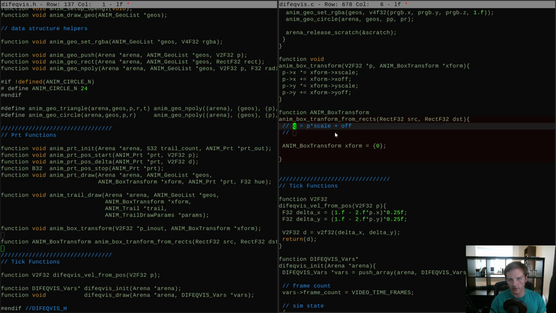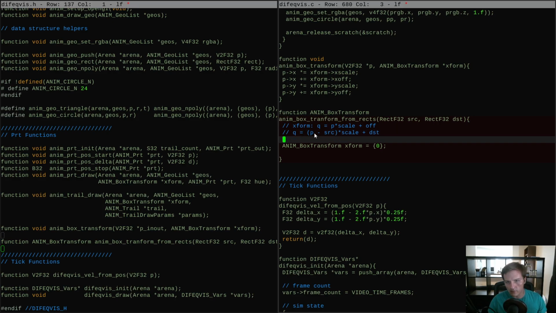This is how the transform is structured. The effect that we want is for Q to equal P minus source times the scale plus the dest.